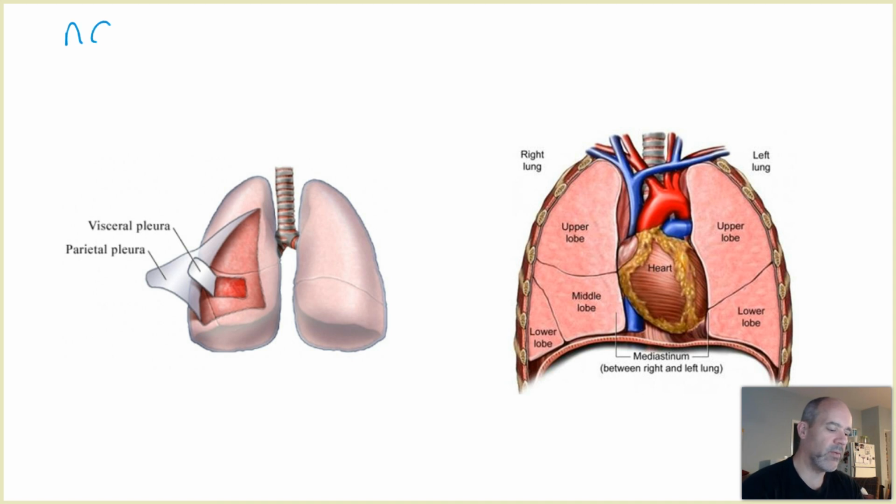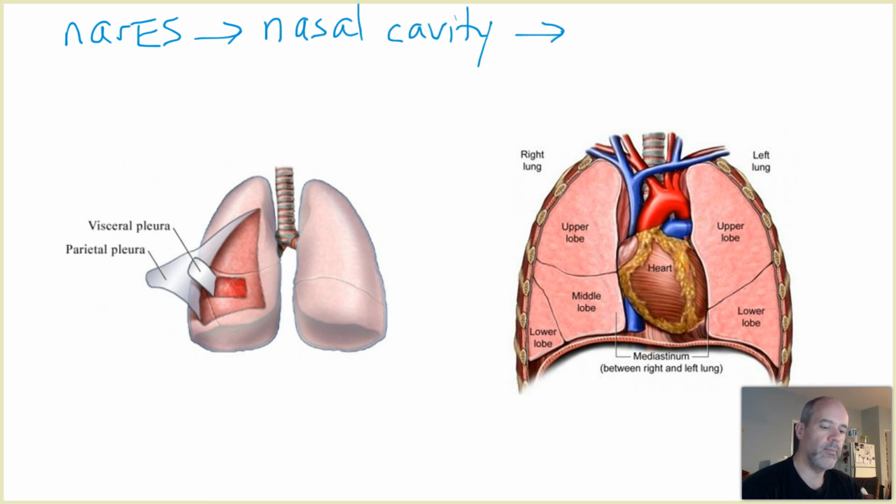Right, so it's going to enter through the nares. All right, and we're going to be in the nasal cavity. And then what's it going to pass into? It's going to head into the pharynx. And now we're learning the three different parts of the pharynx. So what's the first part?